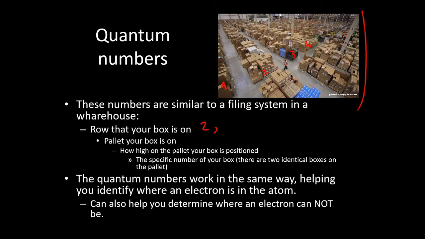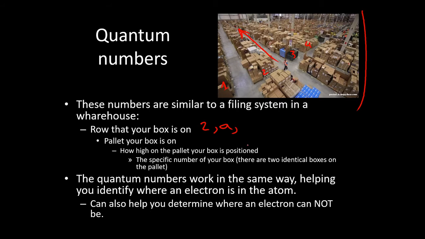So maybe on each of these rows there's another numbering system, where as you go down the row you have maybe A, B, C, D, just to vary the numbering system. And so maybe you have 2A, and then I know the pallets aren't very tall here, but let's pretend like there's stacked pallets. So maybe the next number tells you how high on the pallet your box is.